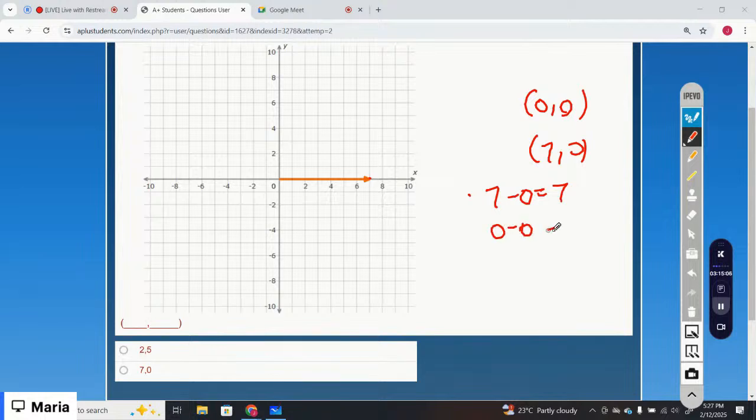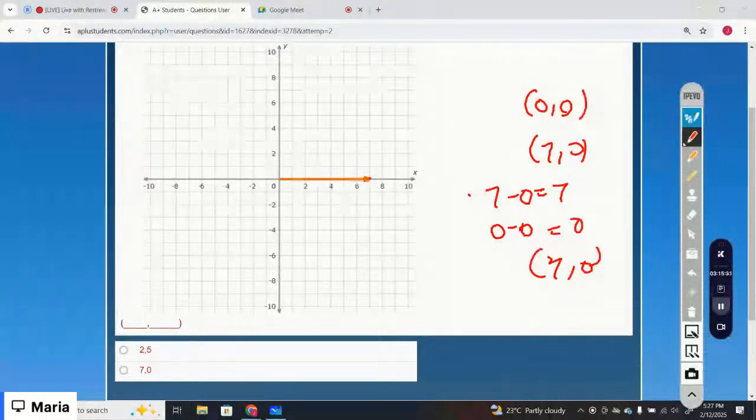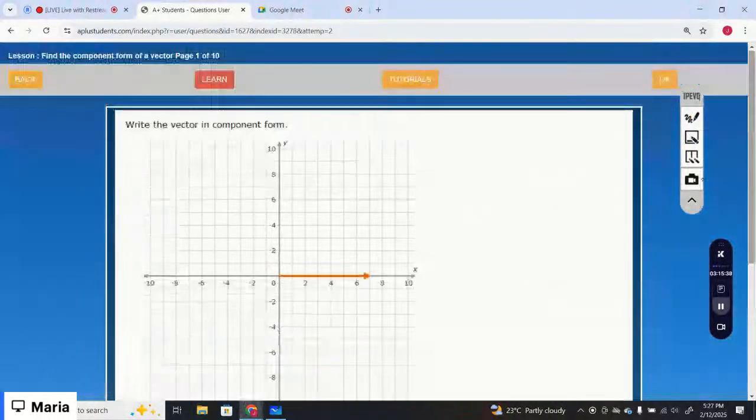Subtract the y components, that is 0. Together they make 7 and 0. So option number 2 is the correct option. Very good.